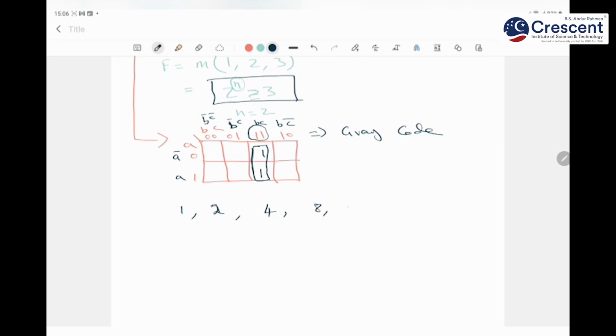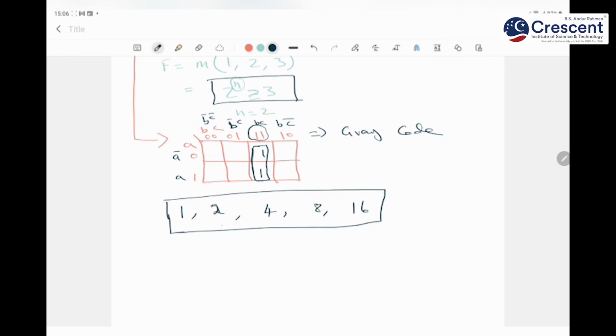So 8 or 16. These are the groupings recommended. For example, you cannot make 3 cells as a group. To avoid that you have to use only these.